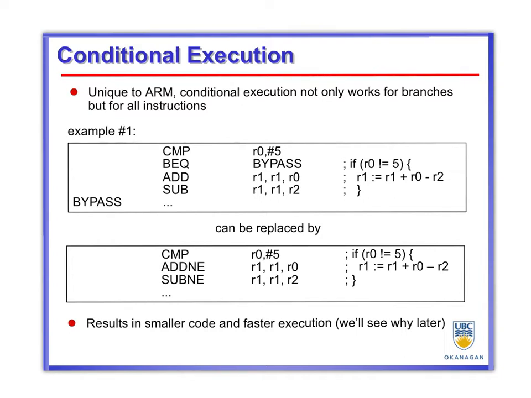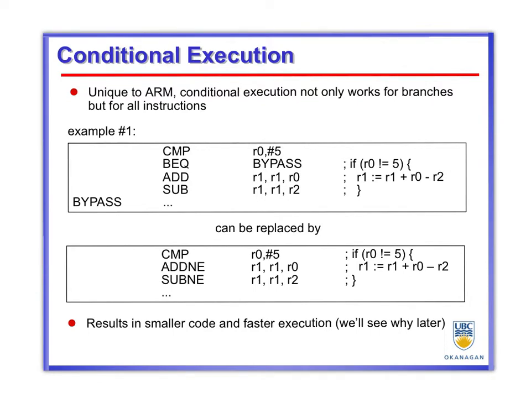Now we're going to talk about branch instructions more in just a second, but unique to the ARM processor is you can actually make any instruction conditional on these flags or condition bits in the status register, okay?